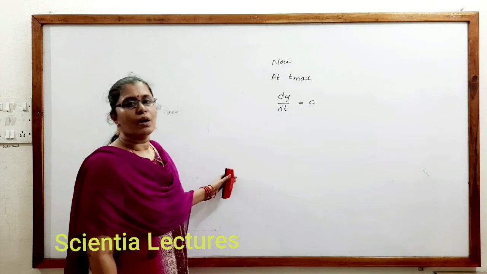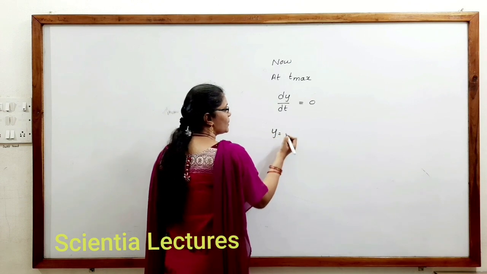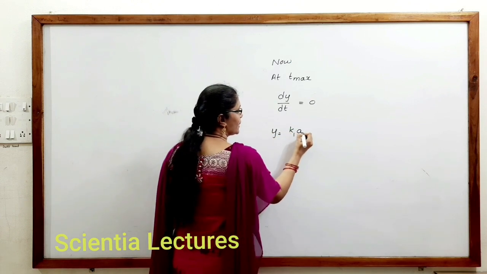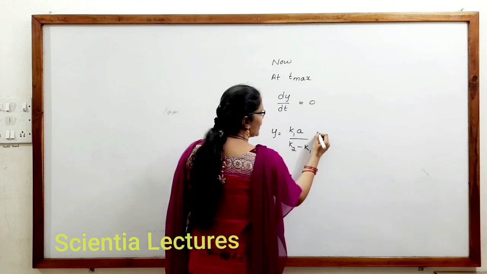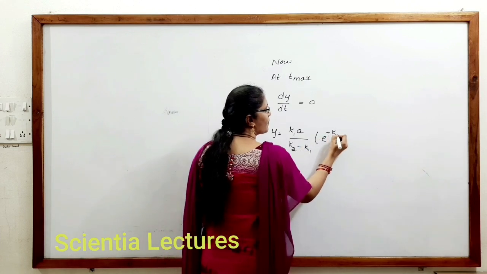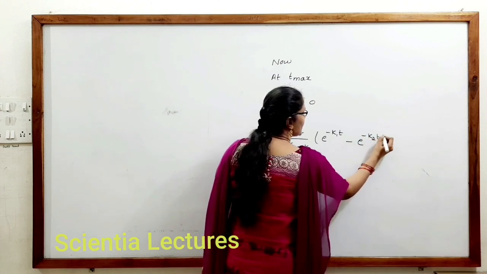Now we already know what y is equal to. We have derived y as k1a by k2 minus k1 into e power minus k1t minus e power minus k2t.